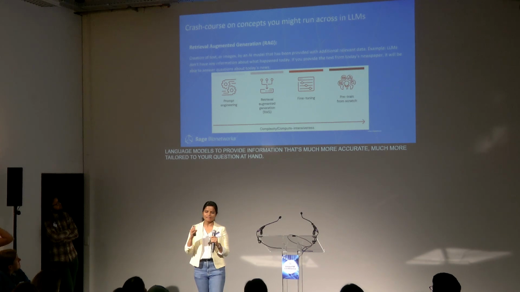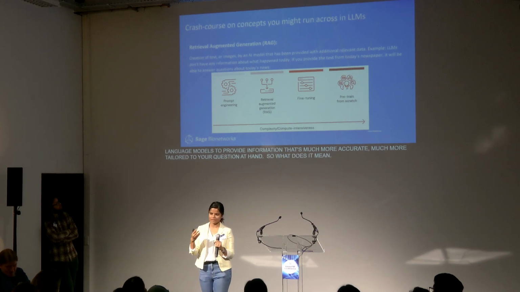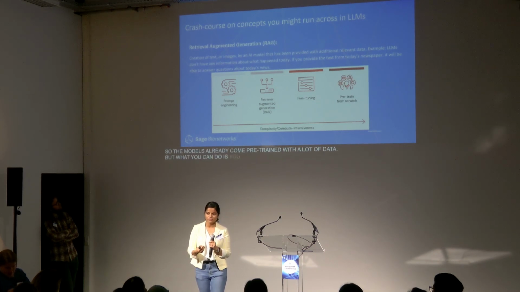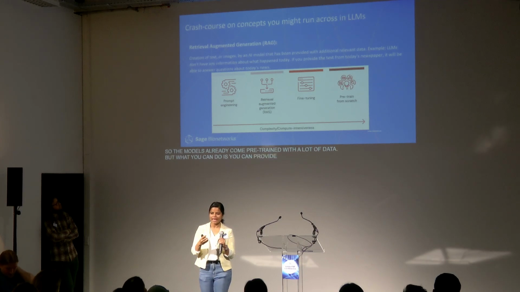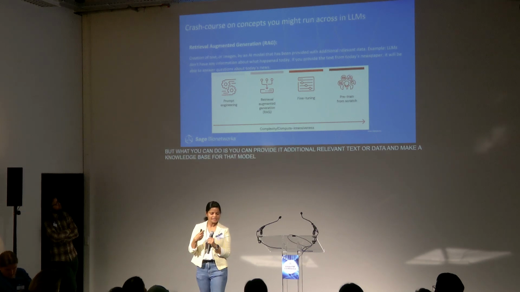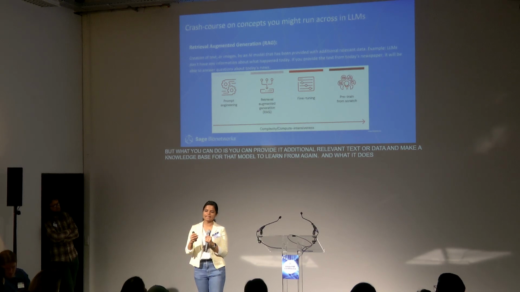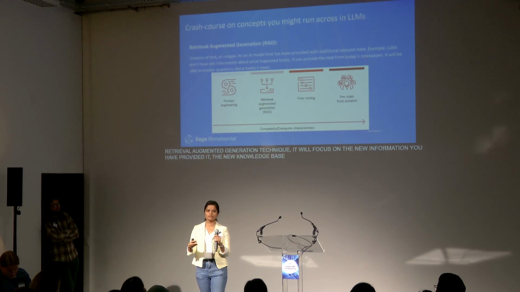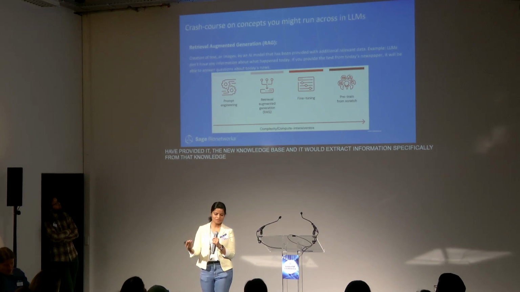The models already come pre-trained with a lot of data, but what you can do is provide it additional relevant text or data and make a knowledge base for that model to learn from again. Using this retrieval augmented generation technique, it will focus on the new information you have provided, the new knowledge base, and extract information specifically from that knowledge base to provide you the correct, more accurate version of an answer.